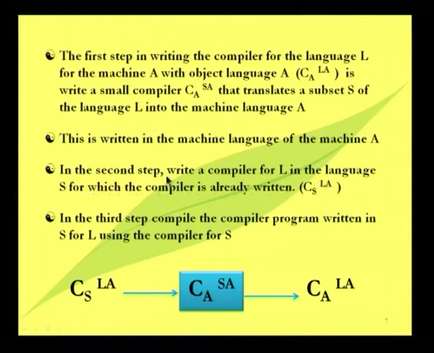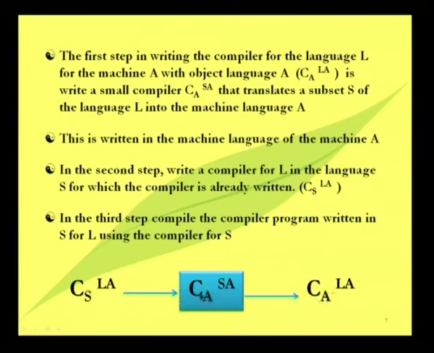Now, we are writing a compiler for L, but completely in S, which produces the object version called A. Any program written in S can be translated by this compiler. A program written in S will now be transformed into a program written in A.